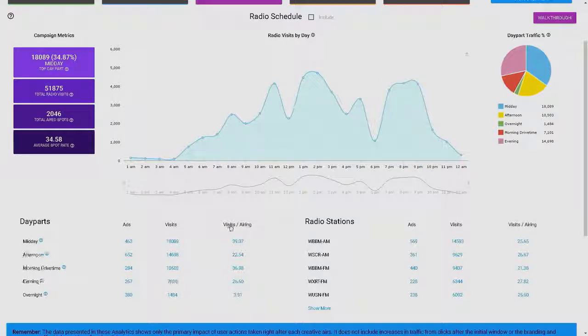And once again, looking at visits per airing, you can sort from the most effective day part to your least effective day part to gain insight into what time of day generates the most traction with consumers. You can also look at station effectiveness and see our best performing stations. In this case, all 5 stations from Chicago were performing relatively well, generating between 25 and 27 visits for every time that commercial aired.